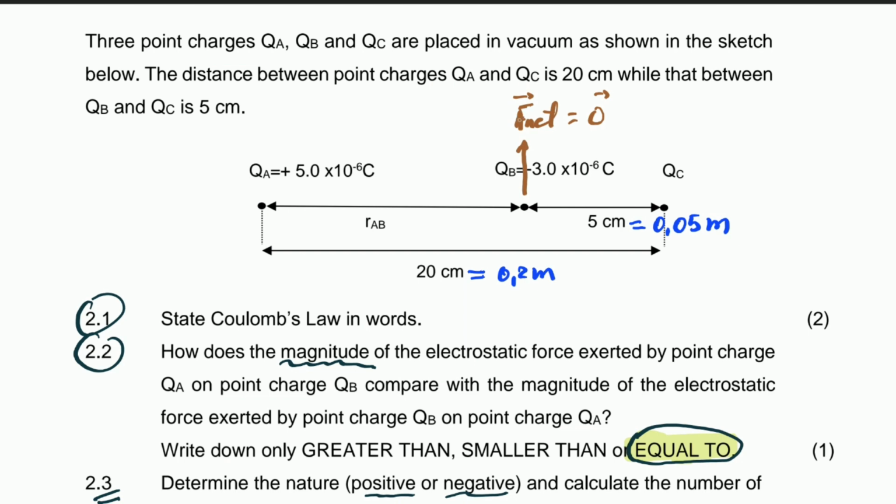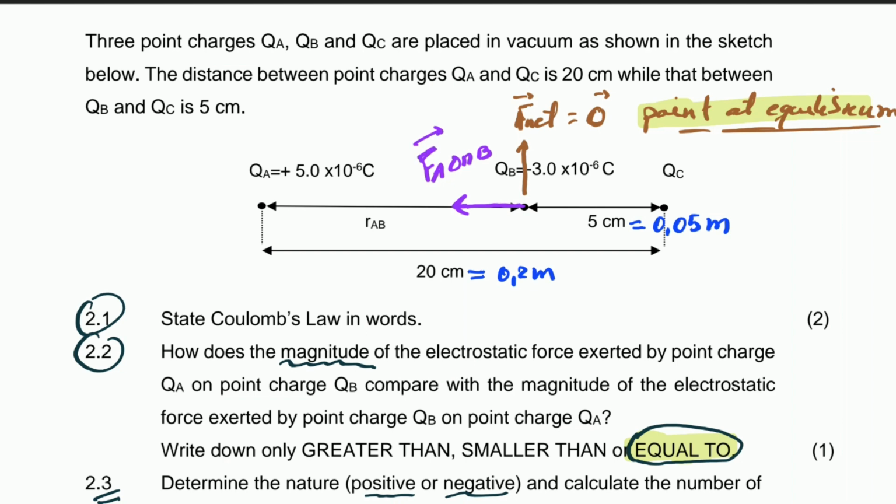This is Newton's first law. You've done it before, so you know what is happening. If net force is 0, it means that that point is at equilibrium. In other words, remember that we mentioned this one before. The forces on the right must be equal to the forces on the left. Now, on the left, we have QA, which is positive, and QA is attracting this charge at point B with force F, which I am going to call FA on B.